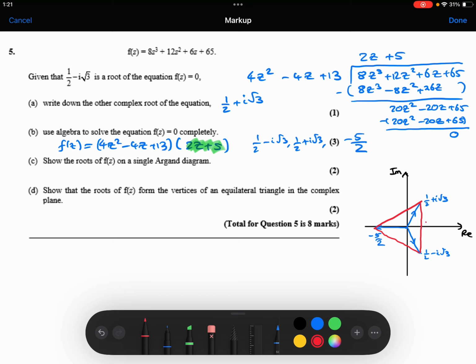So side 1, that's going to be the difference between two complex numbers. So side length 1 will be the 1/2 plus I root 3 minus the 1/2 minus I root 3. The 1/2s cancel out and we just get 2I root 3. So the distance, the length of that side of the triangle is just 2 root 3.